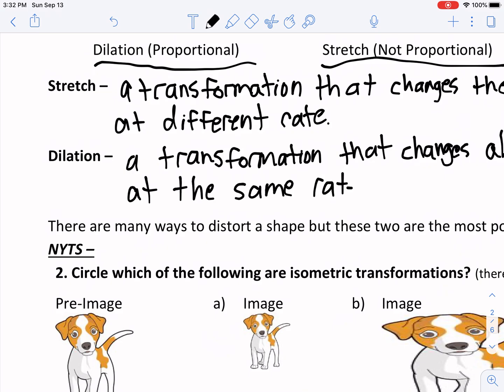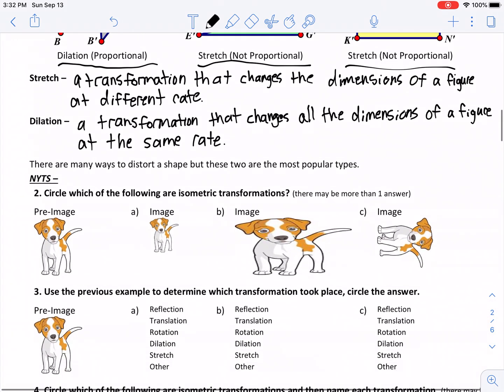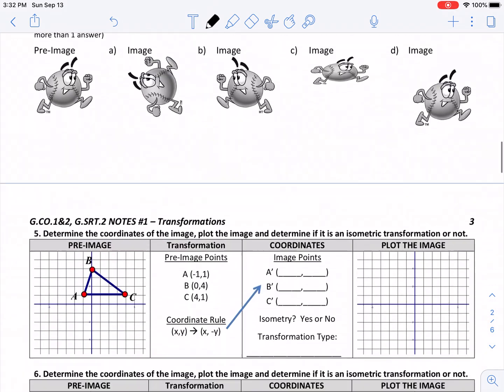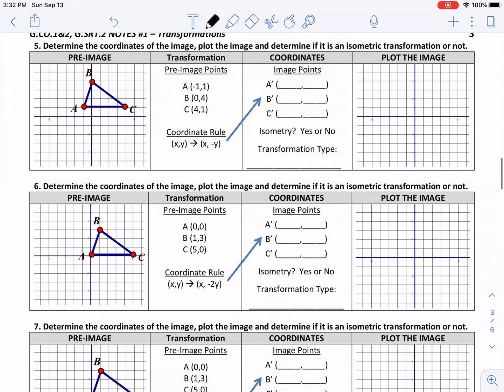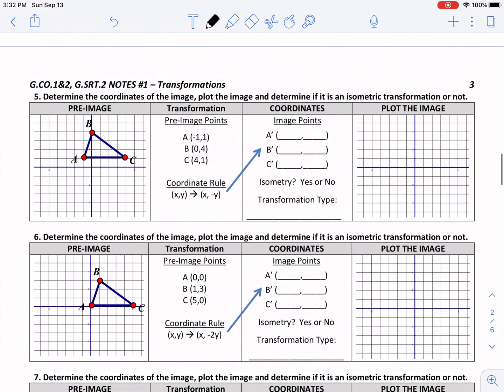In other words, it doesn't necessarily maintain size, but it does maintain shape. We'll go over this part tomorrow. What I want to look at is one example of these, and then we'll move on to the composite notes.